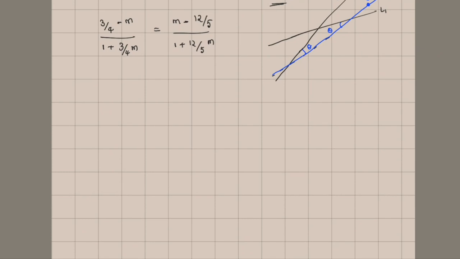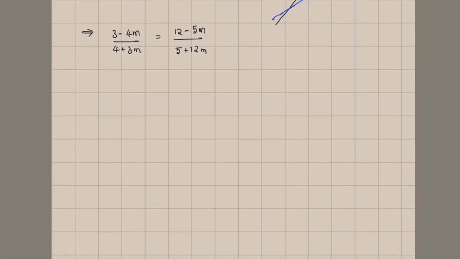If you solve this, you get (3 minus 4m) by (4 plus 3m) equals (12 minus 5m) by (5 plus 12m). I just multiplied with 4 and with 5 in these two equations.